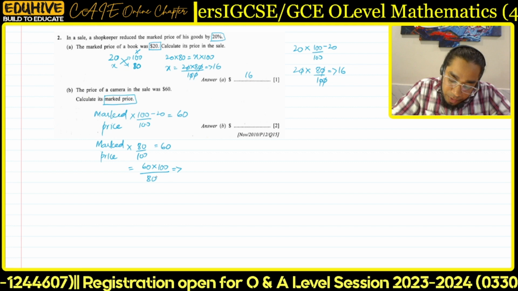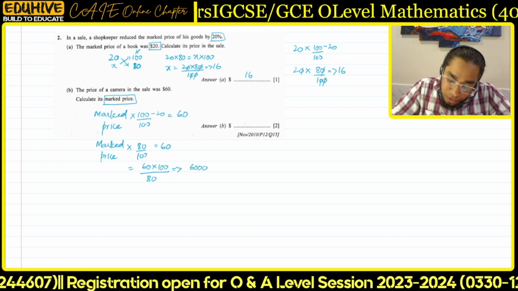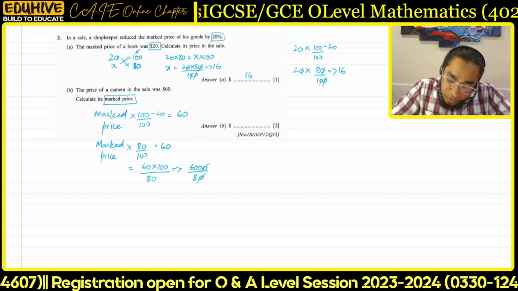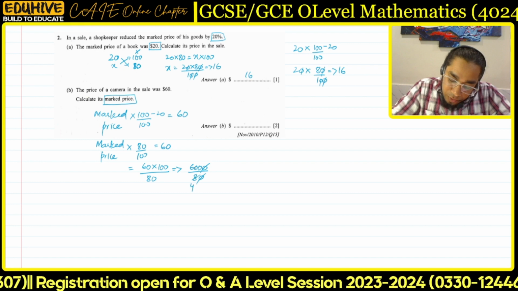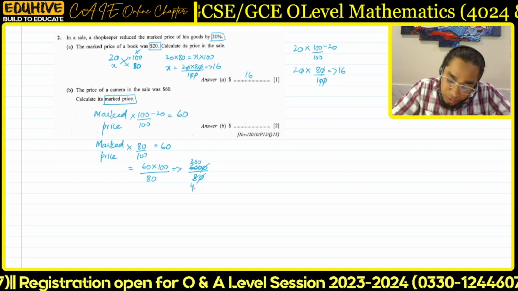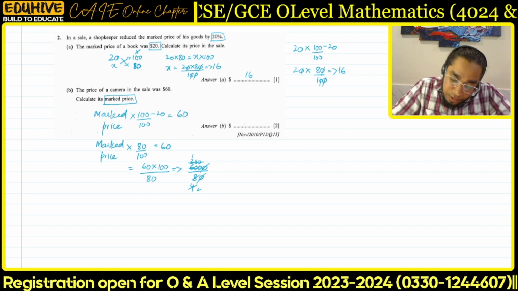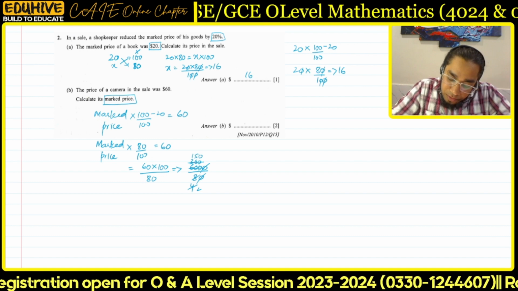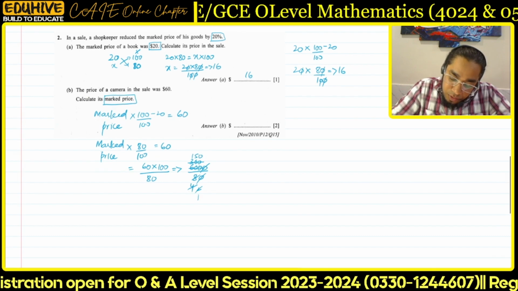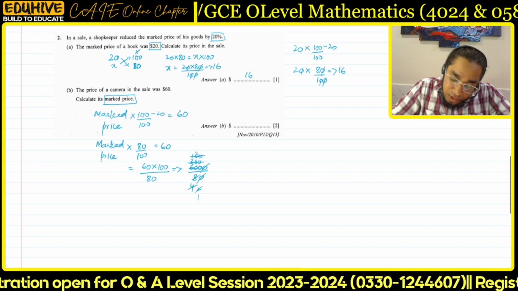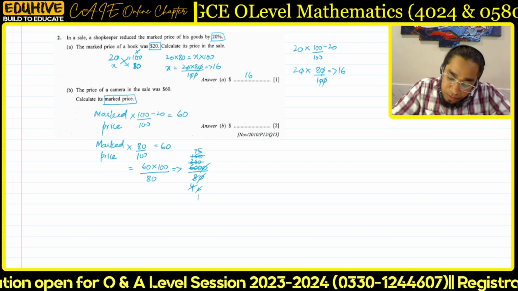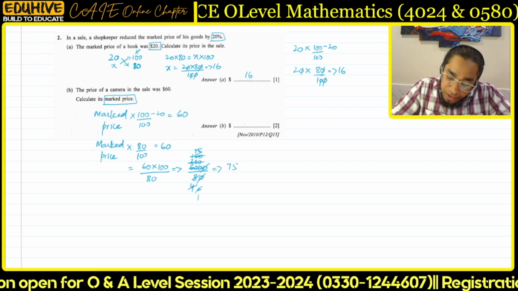The 0 and 0 will be cancelled. 2 into 4, 2 into 3, 2 into 2, 2 into 150, 2 into 1 into 75. So we got 75 over here.